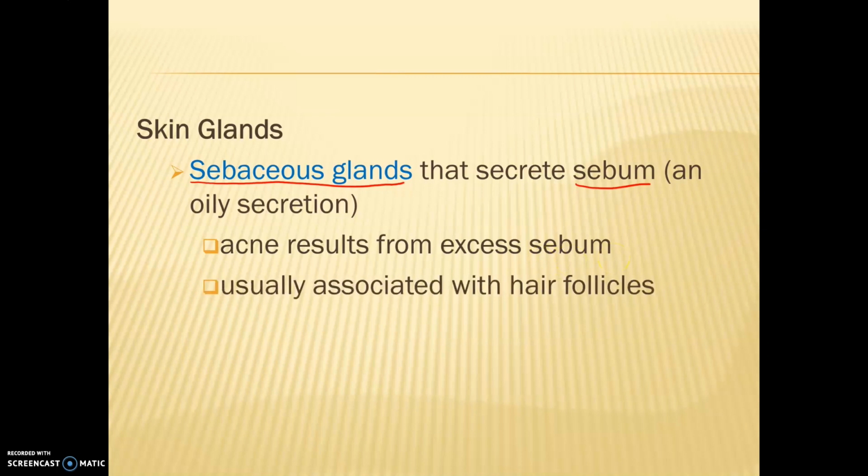It's also usually associated with hair follicles. Since we have hair all over our body, that's why acne occurs pretty much anywhere, except again the soles of our feet, our palms, and those other locations.